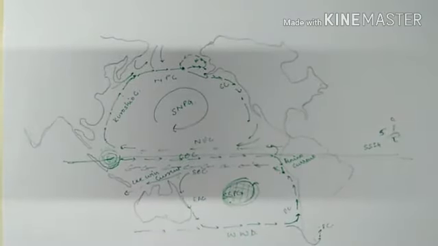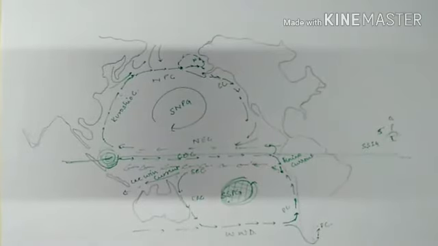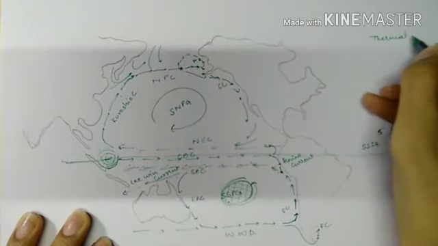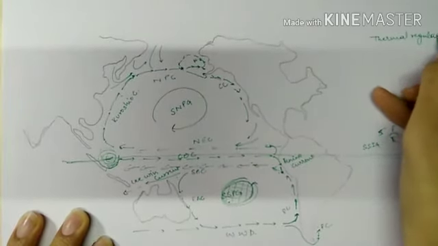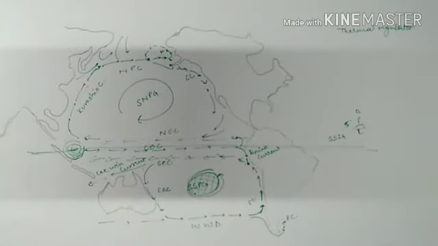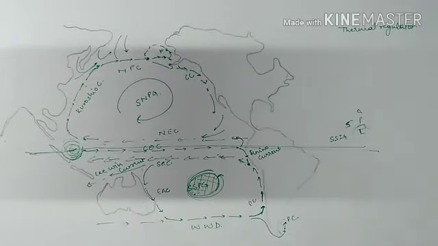So firstly, we can see that ocean currents act as a thermal regulator, as they transfer heat from one place to another. Secondly, the ocean currents of tropical origin are characterized by high salinity, and when they enter the temperate zone, that is the cold zone, they cool down and the density of the water mass increases.